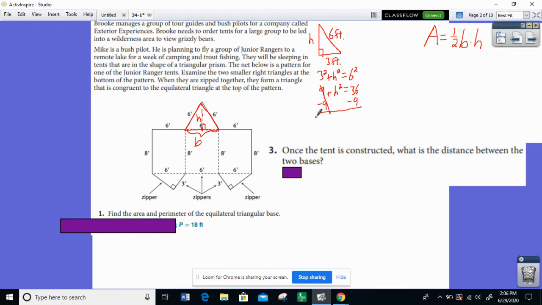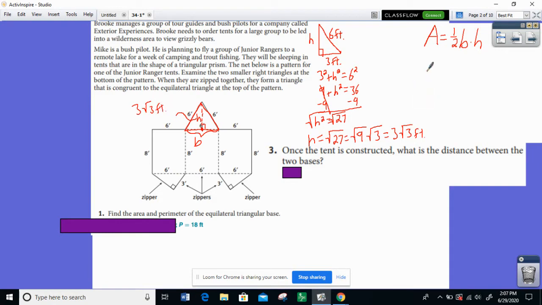So that's going to give us that h squared is 27. But when we do the square root of both sides, that gives us that the height is the square root of 27, which we can also write as the square root of 9 times the square root of 3, which we can also write as 3 times the square root of 3, since the square root of 9 is 3. So this height is 3 times the square root of 3 feet.